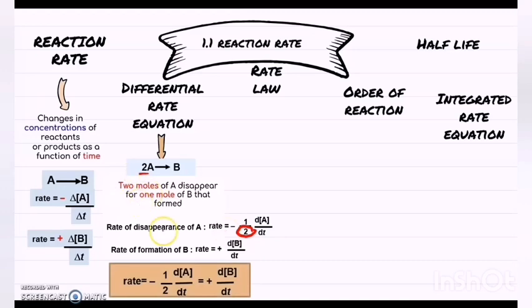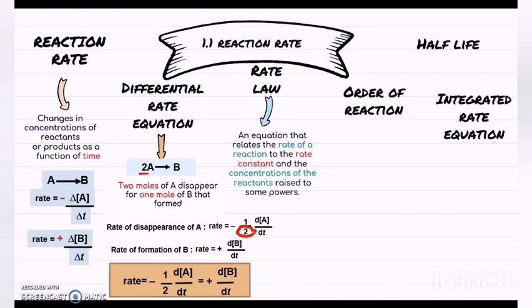As a differential rate equation, I will write it as rate equal to negative half d[A] over dt equal to positive d[B] over dt. When you want to write the differential rate equation, don't forget to put the term rate in front of the equation, and don't forget to put the symbol of negative or positive. Negative is for reactant while positive is for product.